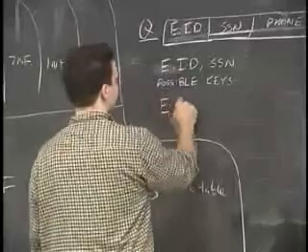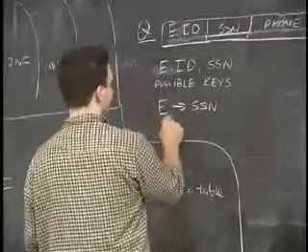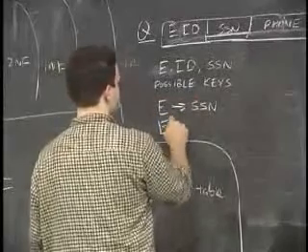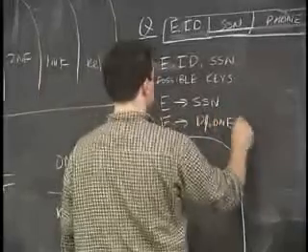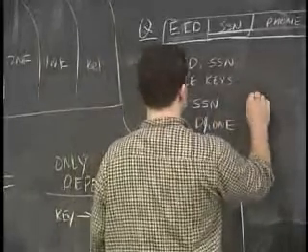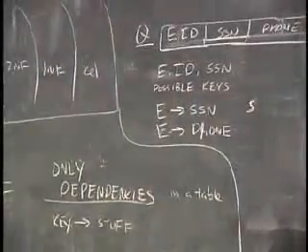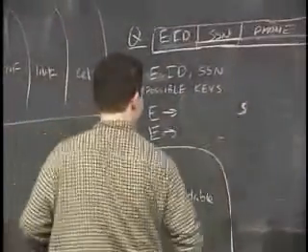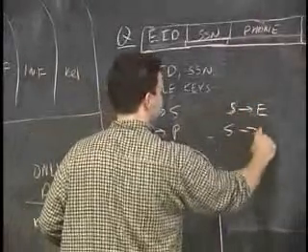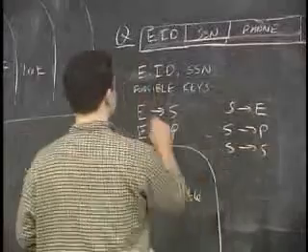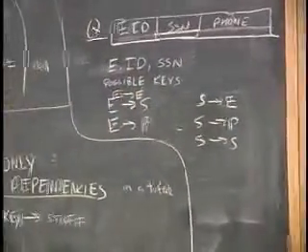So we have all these dependencies: E goes to S, E goes to P, S goes to E, S goes to P. You even have S goes to S, and E goes to E. You can throw those in there too, if you want.